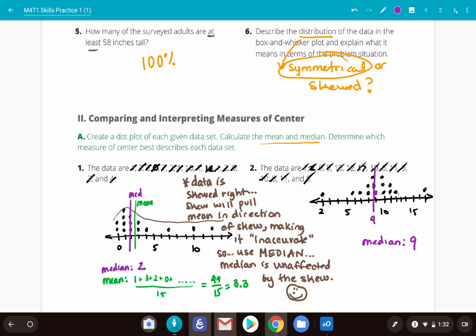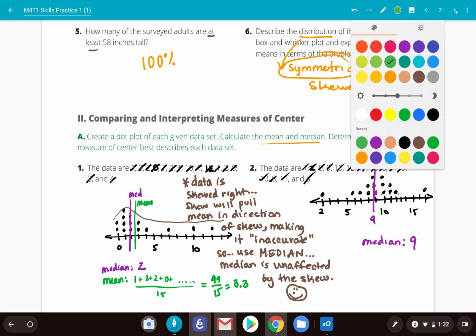And then our mean is going to be our average. We're going to have to add them all up and divide.